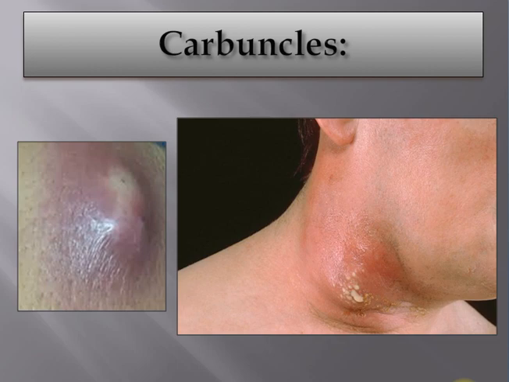Folliculitis left untreated can lead to a furuncle, and when multiple furuncles are contiguous, it is classified as a carbuncle. Carbuncles can be solitary or multiple. Bacterial infection within the hair follicle causes a carbuncle or furuncle.